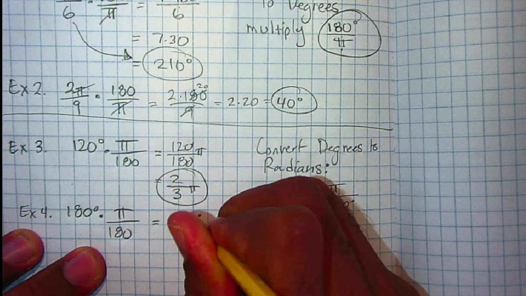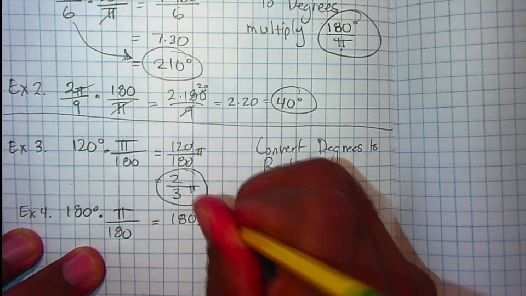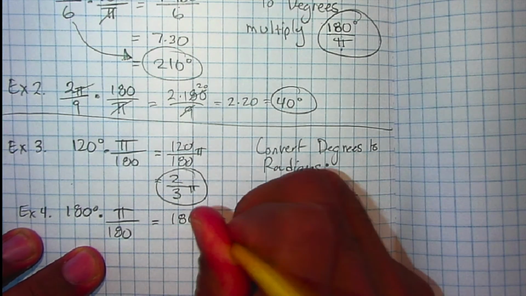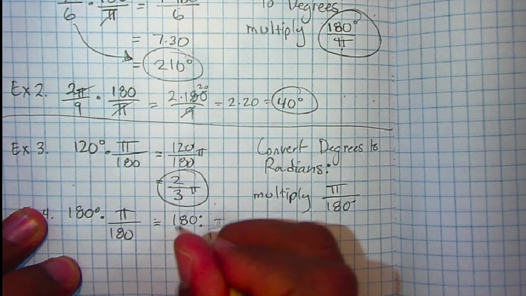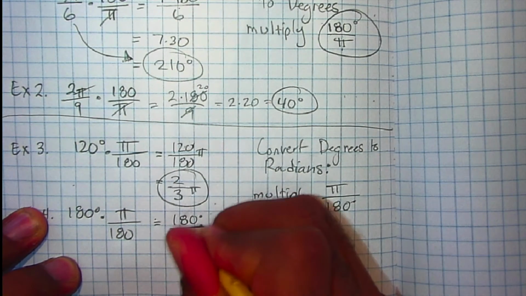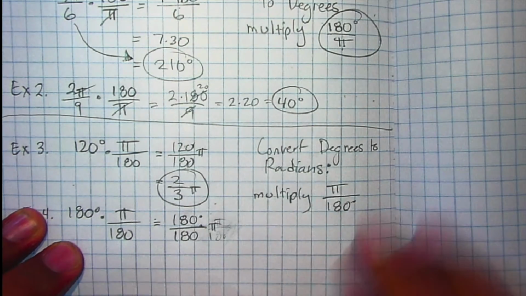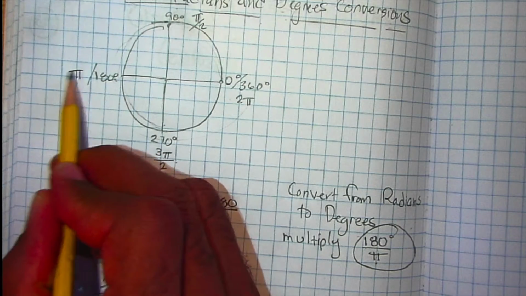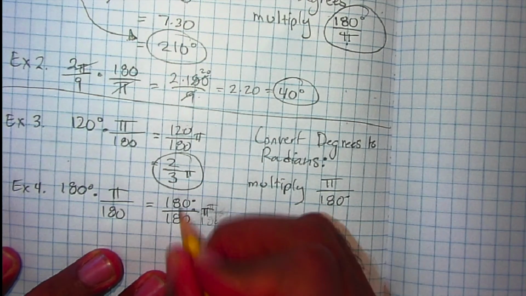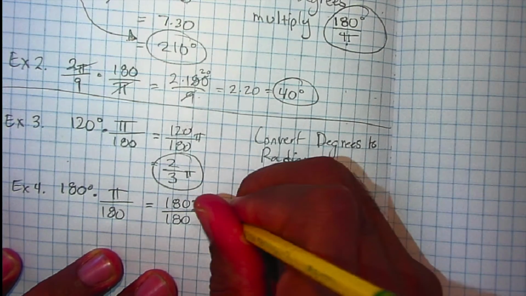If you really think about it, you should know the answer before you even convert this, because we already know, like I explained in the beginning, that every 180 degrees is pi. So 180 over 180 is just 1. So this ends up just being pi.